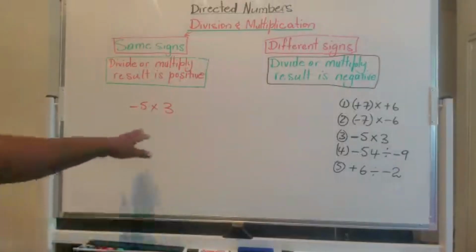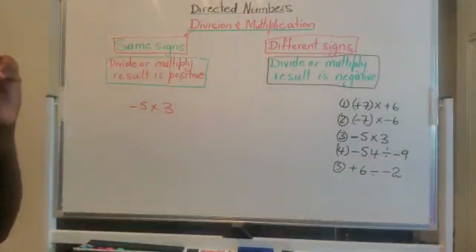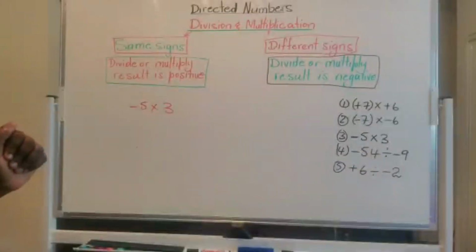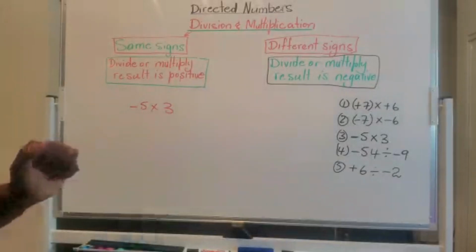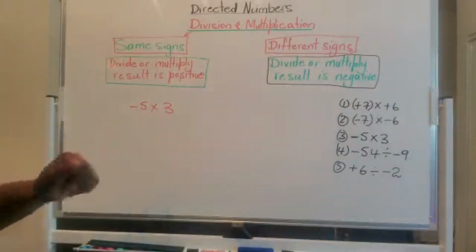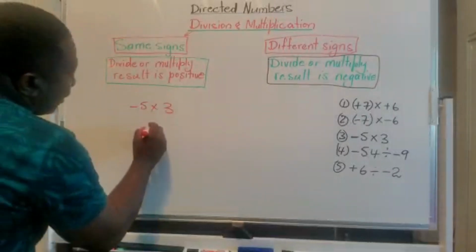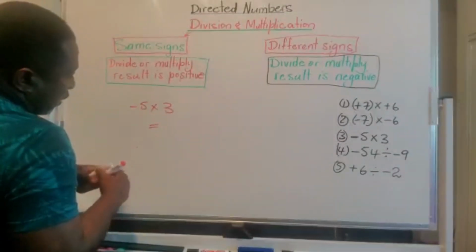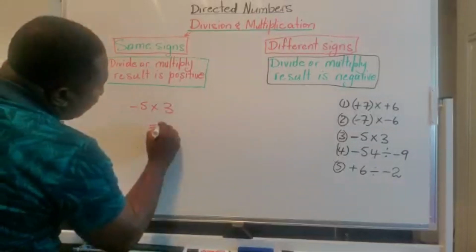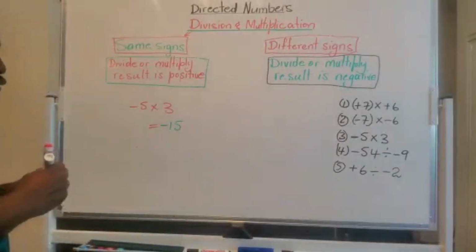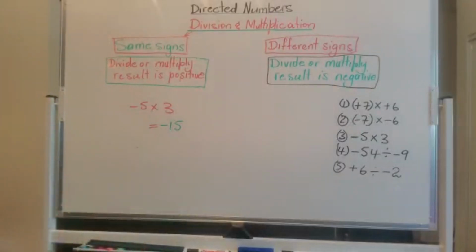Therefore, whatever answer is going to be of a negative value. In this case, negative 5 is being multiplied by positive 3. Our result will be negative 15.